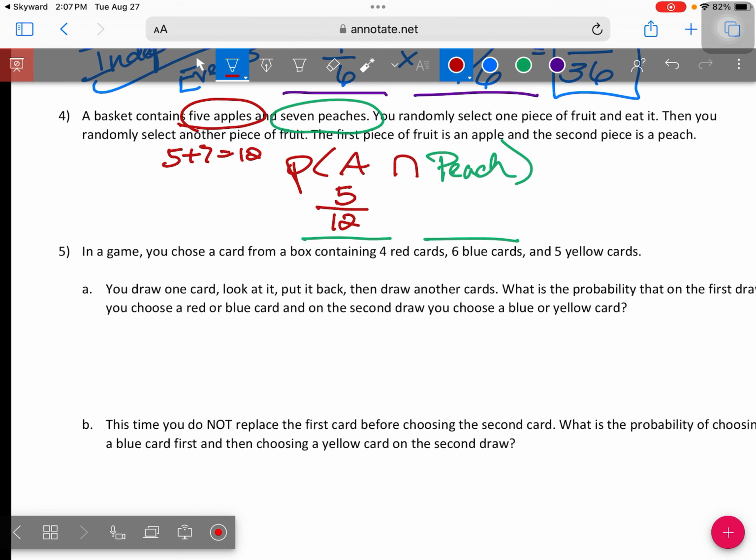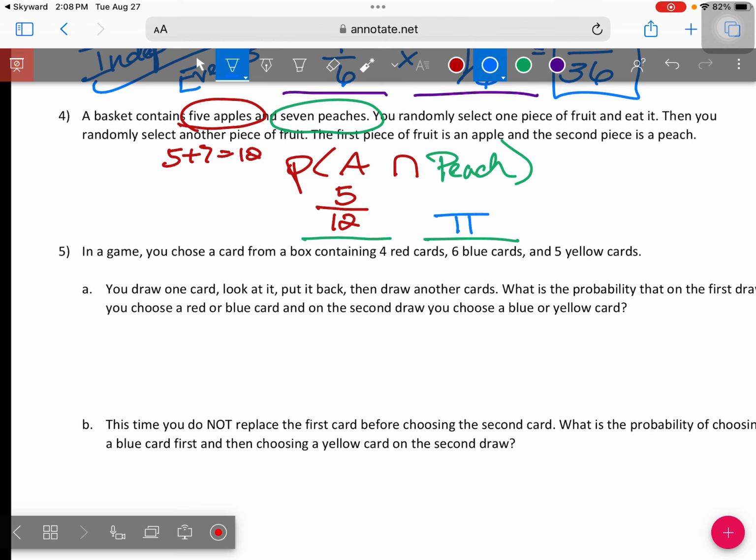And then remember, I took a bite. How many pieces of fruit do I have left in the basket? Not 4. 12. You just took a bite. We are not putting it back in the basket. 11. Yes. There are 11.